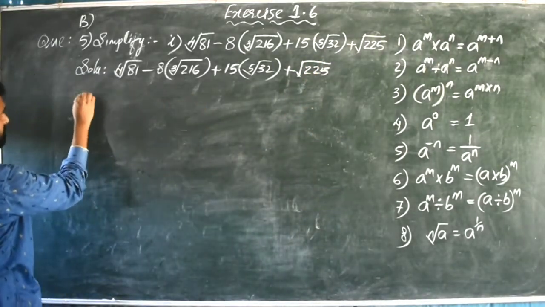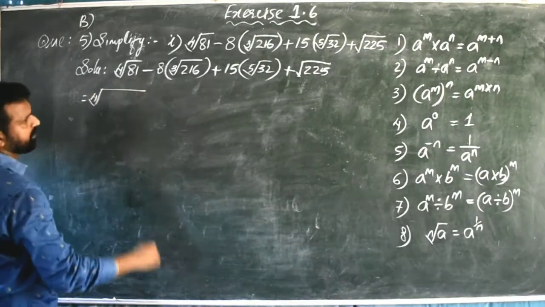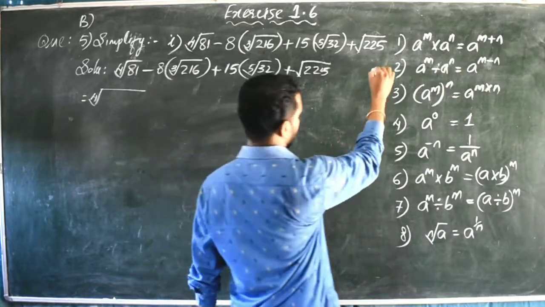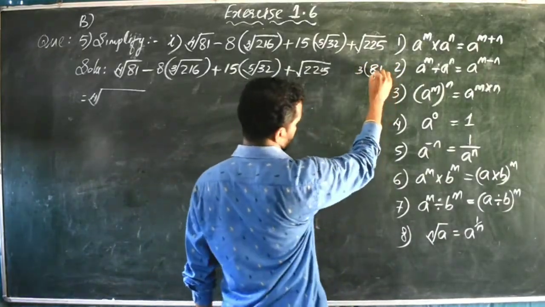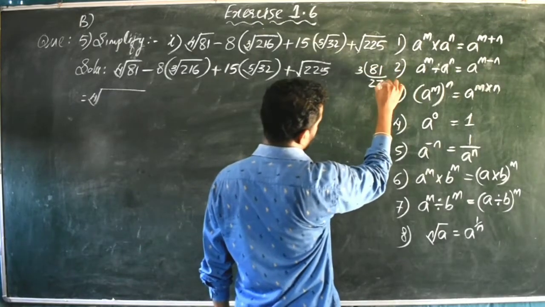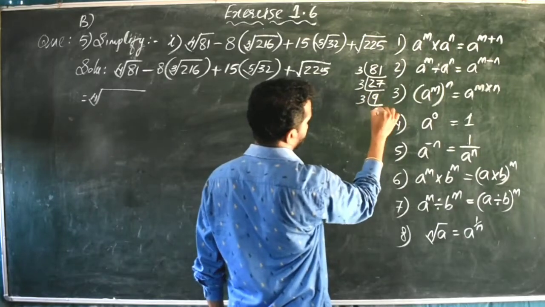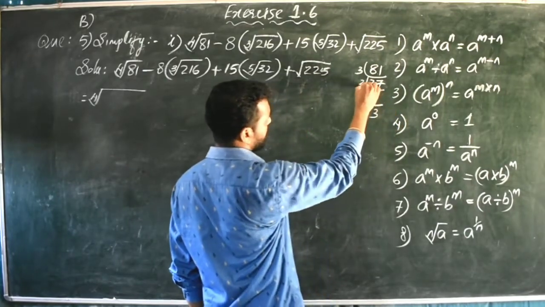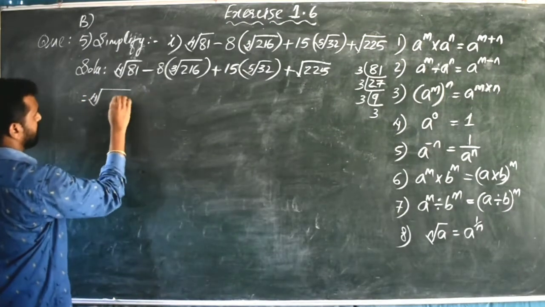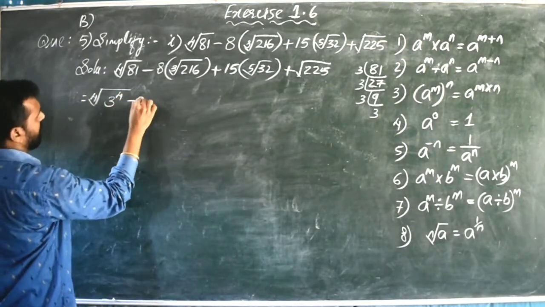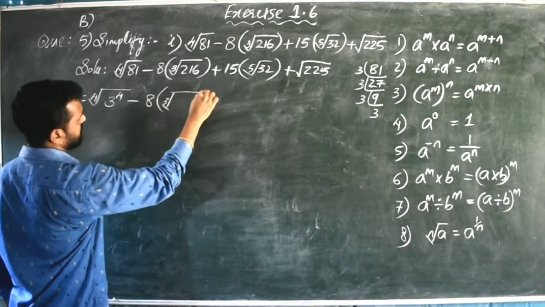That is equal to 4th root of 81. 81 we have to factorize. 81 divided by 3 is possible. 3 2s are 6, remainder 2, 21 by 3. 3 7s are 21, divided by 3. 9 3s are 27, divided by 3, 3. 3 into 3 into 3 into 3. That we can write 3 raised to 4. So 81 is equal to 3 raised to 4 minus 8 into cube root of 216.